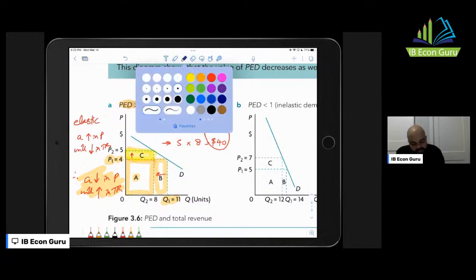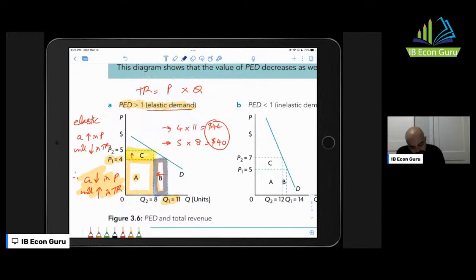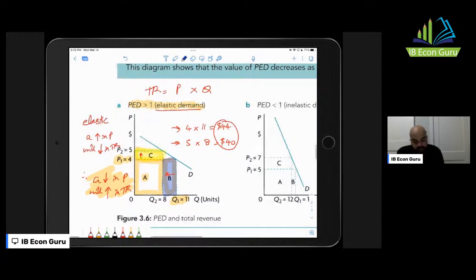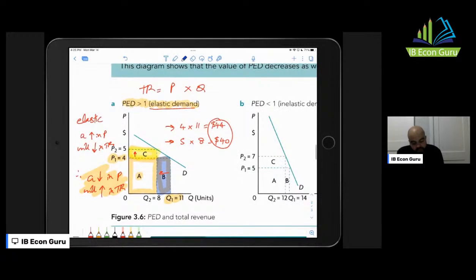While box B is the loss of the total revenue due to a decrease in quantity. It seems that the loss of total revenue, box B, is greater than box C. So the loss of total revenue exceeds the gain in total revenue due to the rise in price.